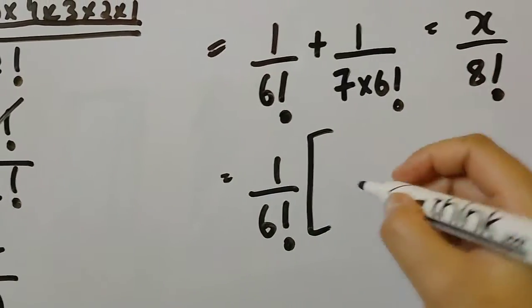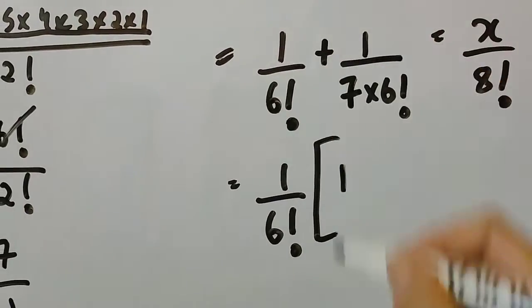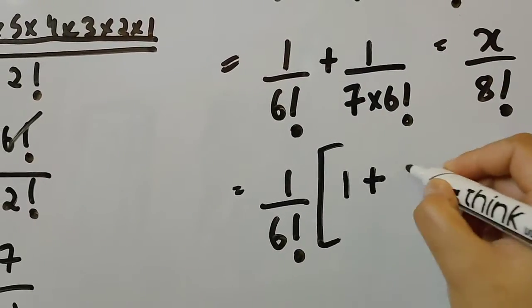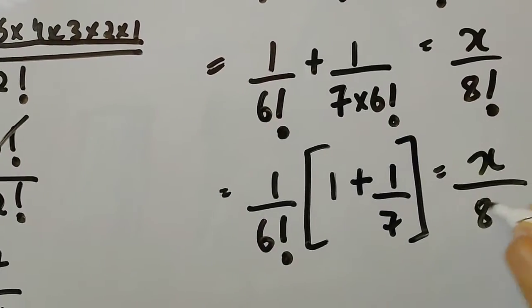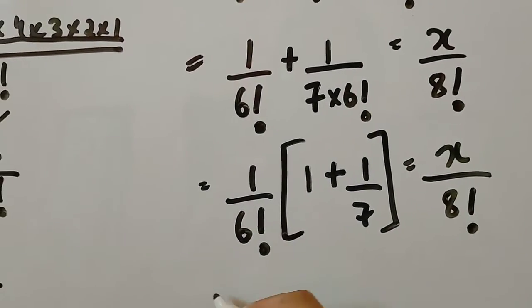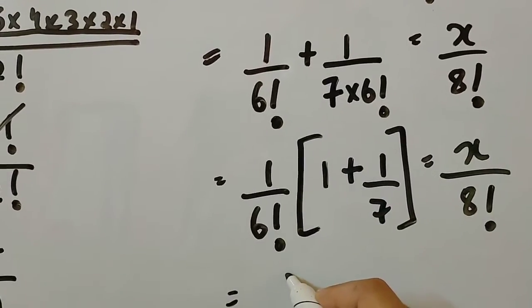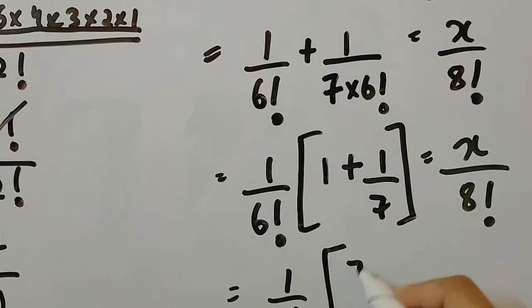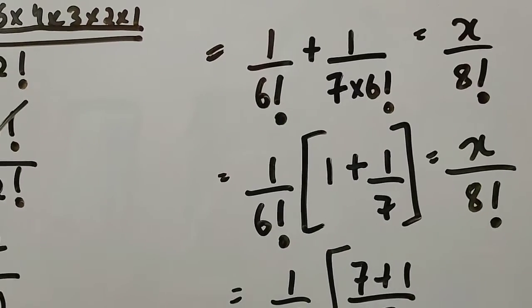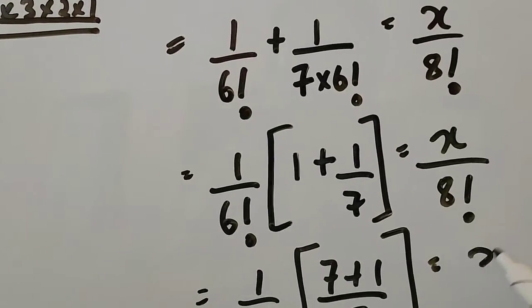So 1 by 6 factorial. Here 1 will be left. If I take this common, then what will be remaining is 1 by 7. You can do it anyway, this question. Take common, 7 plus 1 divided by 7, equal to x.